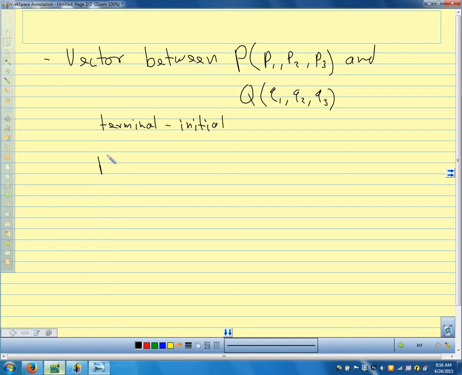So the vector from P to Q would be, in component form, since going from P to Q, the terminal point is Q, our x component would be Q1 minus P1. Our y component would be Q2 minus P2. And our z component would be Q3 minus P3. So we just do the terminal point minus the initial point and write that in our vector notation. That would be the vector from P to Q.